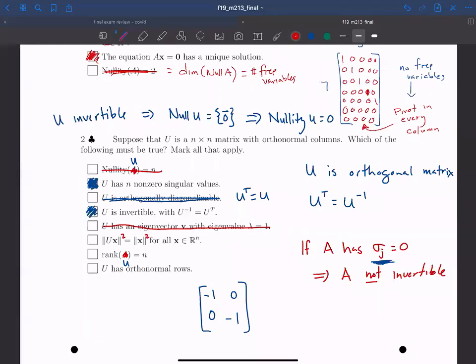I'm probably remembering incorrectly, but the length of U times X squared is equal to the length of X. No, I think you might be misremembering that. The length of U times X squared is equal to the length of X squared. So the squares are equal to each other, but also just these are equal to each other.